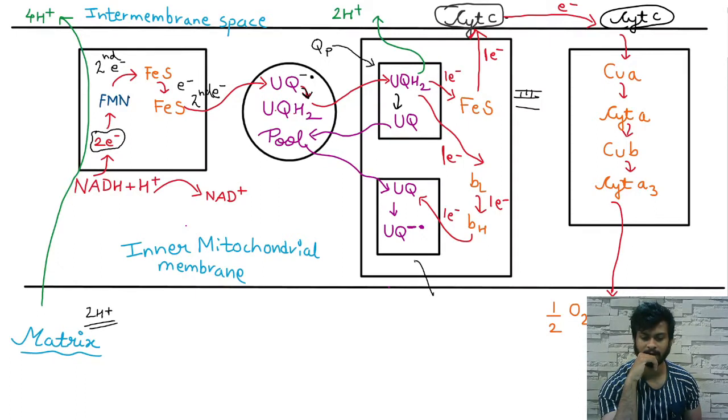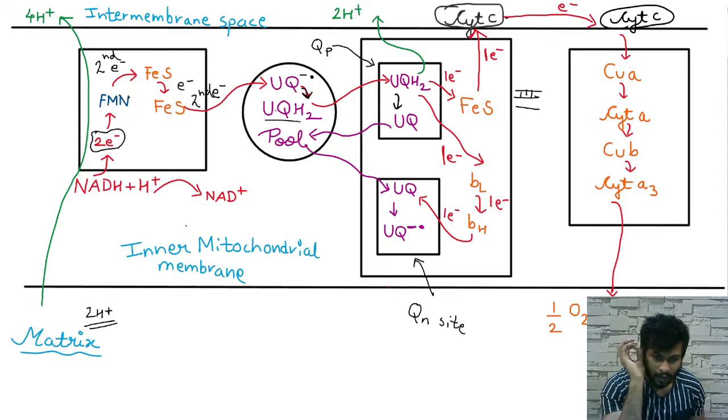And the site present in complex 3 towards the matrix is known as QN site. So ubiquinol which has been formed will come out of the pool and bind to the QP site present in complex number 3.